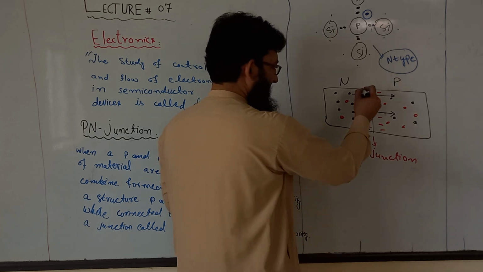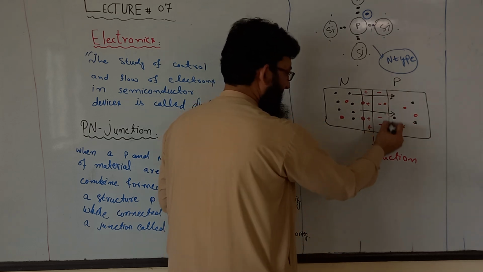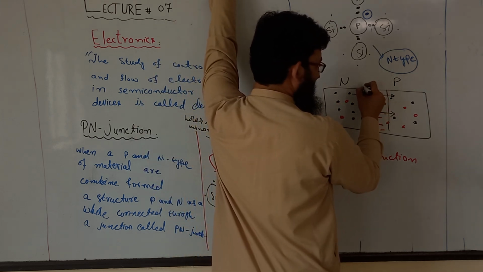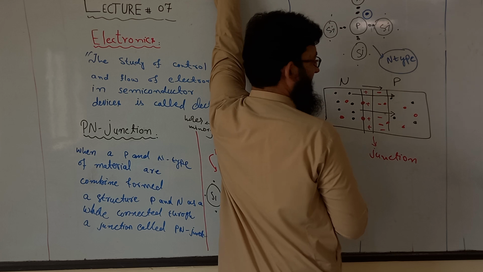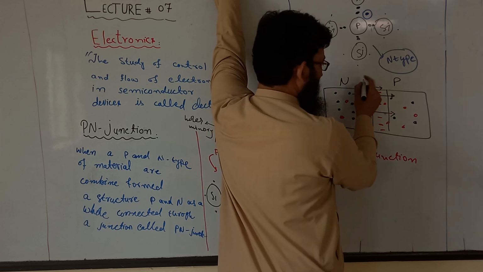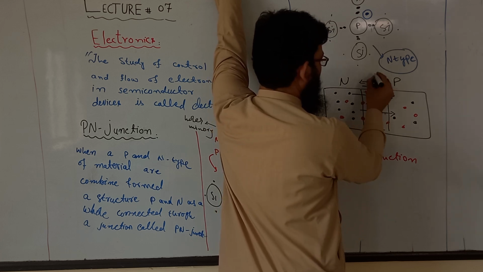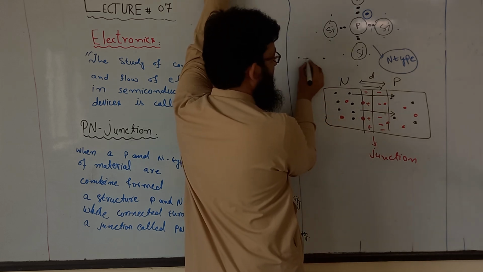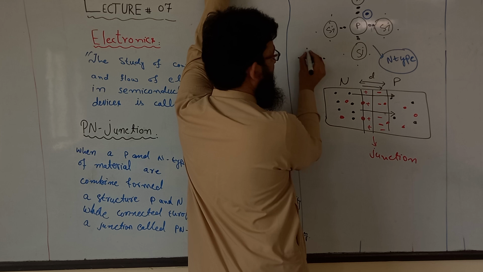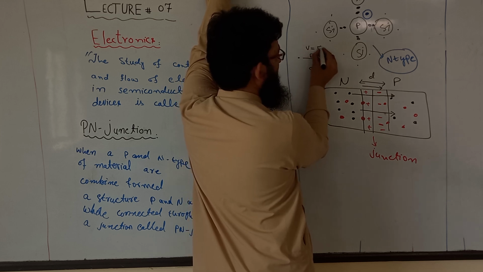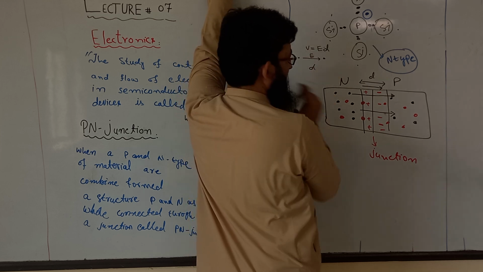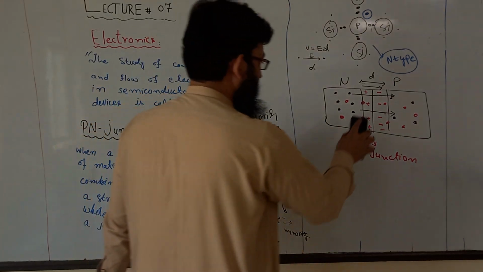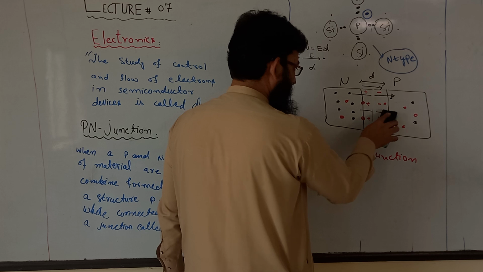So this junction will have positive and negative ions, and from this positive ion an electric field will be generated towards the negative, and there is a separation d between them. We know that whenever there is a separation d between 2 points, there is an electric field E, and there exists a potential V equal to E times d. So a potential is produced here. Which kind of potential? This is called the potential barrier.